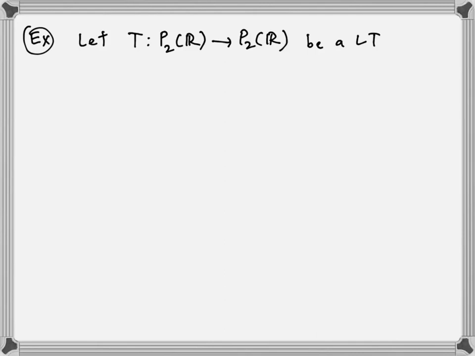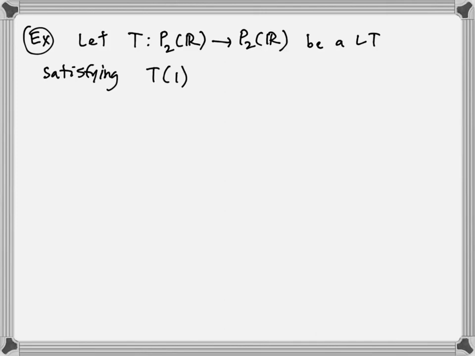So example, let's look at the following linear transformation. This is going to take a second degree polynomial and map it to a second degree polynomial. So let this guy be a linear transformation satisfying the following.